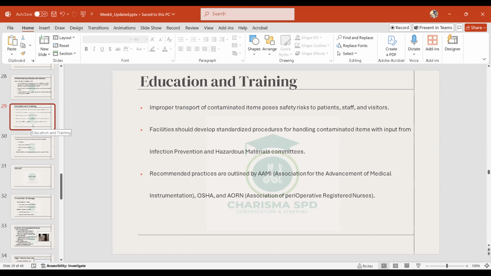You have to work with these two bodies or other entities that have expert knowledge in transporting contaminated or hazardous materials. So for every transportation network in the hospital system, the infection control department has a say in what is done. Their input is there to prevent exposure, to prevent cross-contamination, and to prevent what? Injuries.